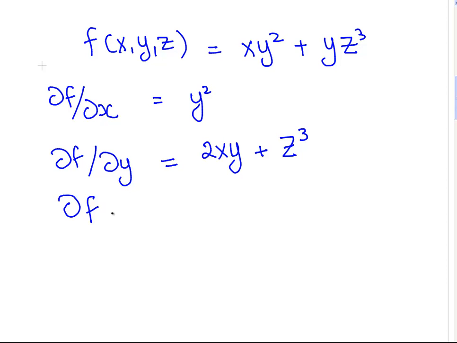Finally, the partial derivative of f with respect to z. There's no z term in the first part, only in the second part. Simple enough one here again, 3yz squared.